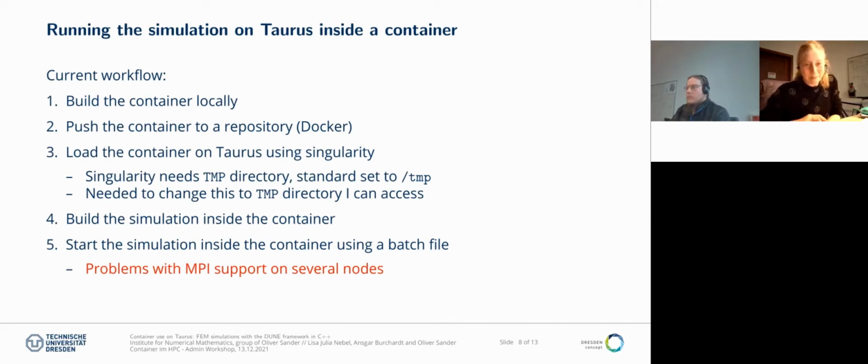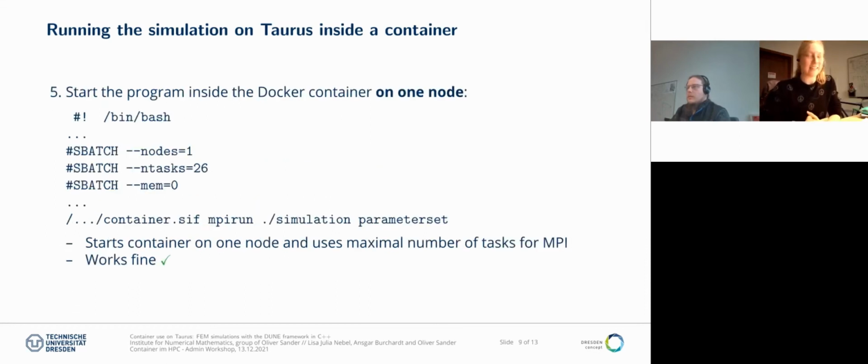Everything else works fine, but we actually have problems with the MPI support when trying to run the simulation on several nodes. This is the hardest problem that we have encountered so far, and it's not completely solved yet. What works fine as of now is starting the program inside the Docker container on one node.